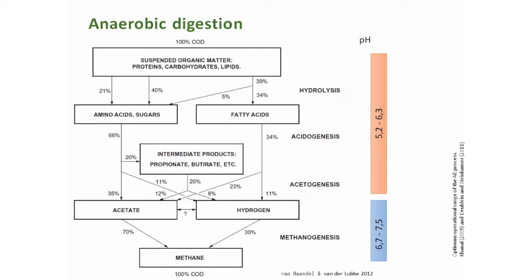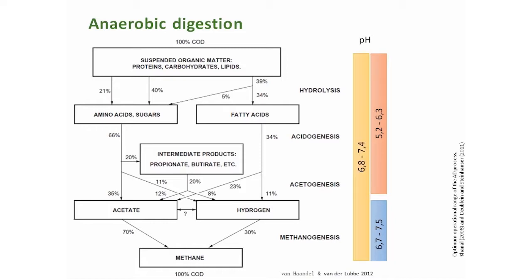If you look at the pH of those two different areas of the anaerobic digestion process, for the acidogenesis and acetogenesis, the optimal pH is much lower than for methanogenesis.